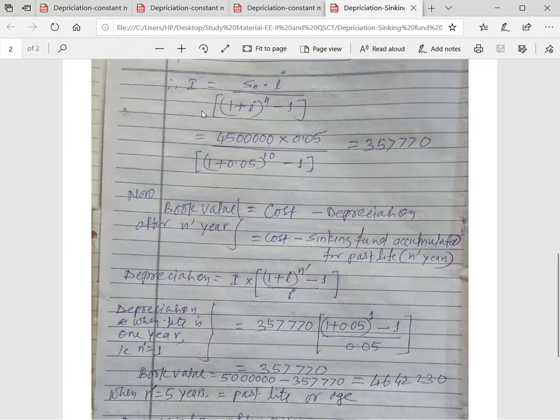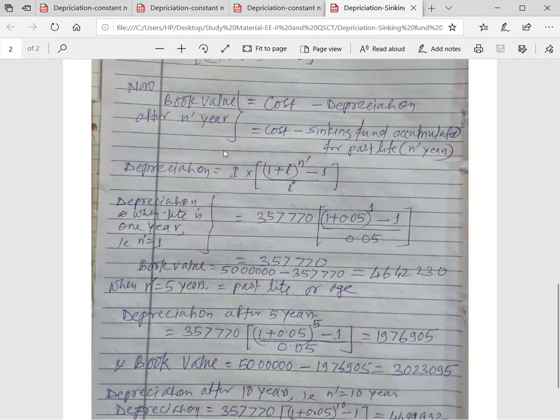So this will be deposited at the end of each year for the total life period, so that it will accumulate to the amount of sinking fund, and that is nothing but the total depreciation of the property. So here, the book value after any year is the difference of cost minus depreciation for that time.